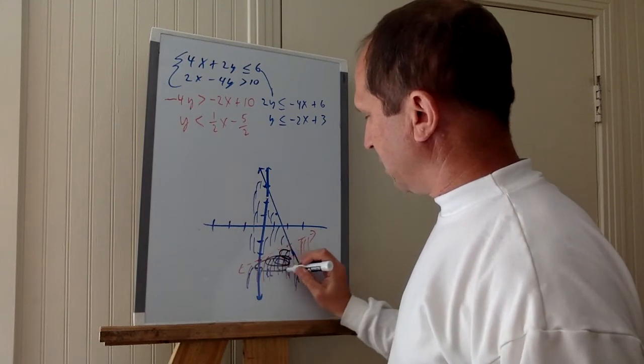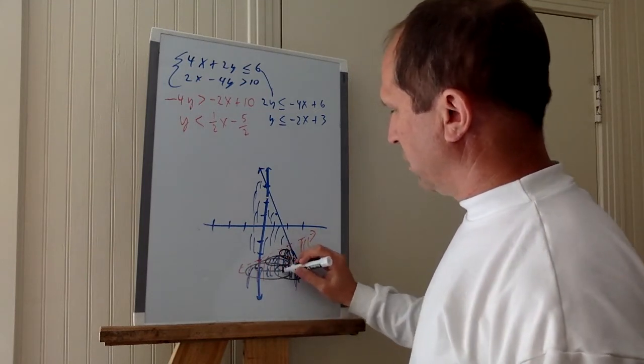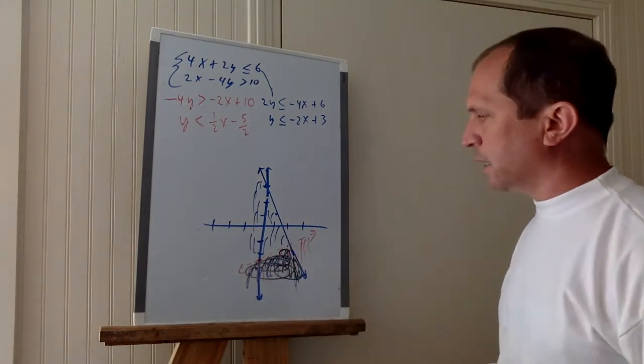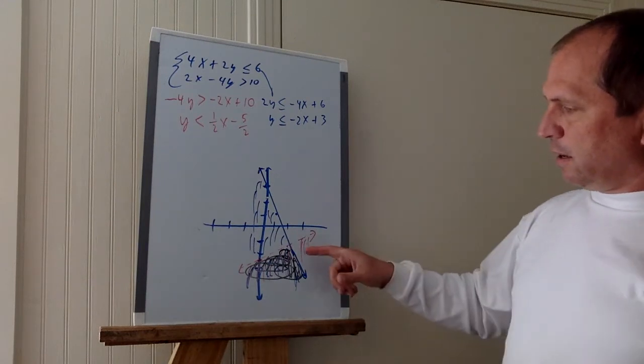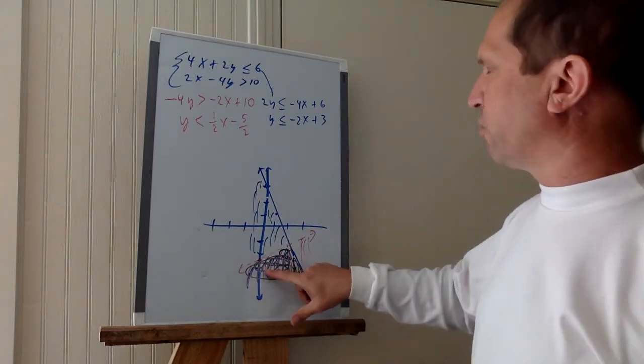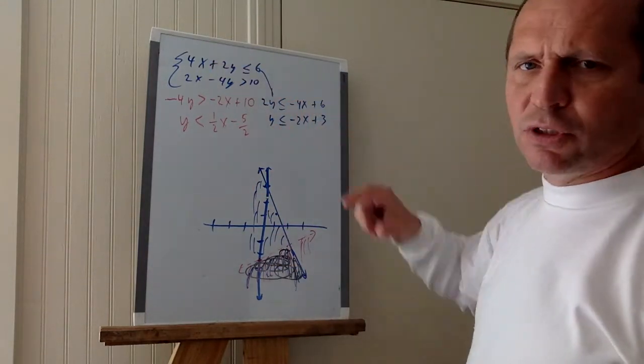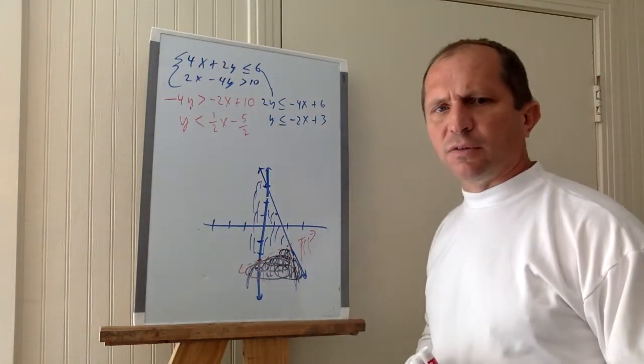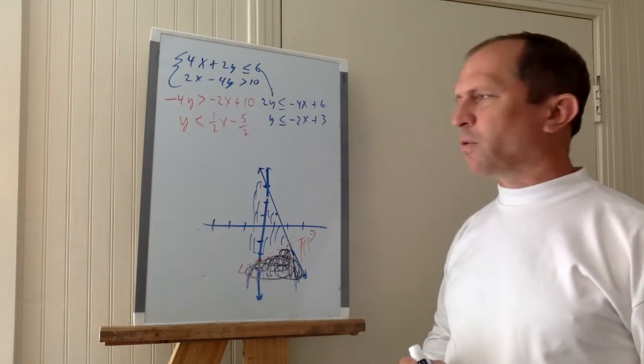And that ends up being just this lower region right here. And if you pick any point, like the point 0, negative 3, and you plug it in here, you get true statements in both cases. So that's looking at graphing an inequality.